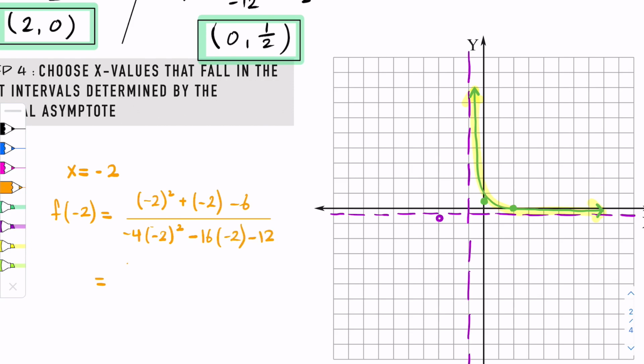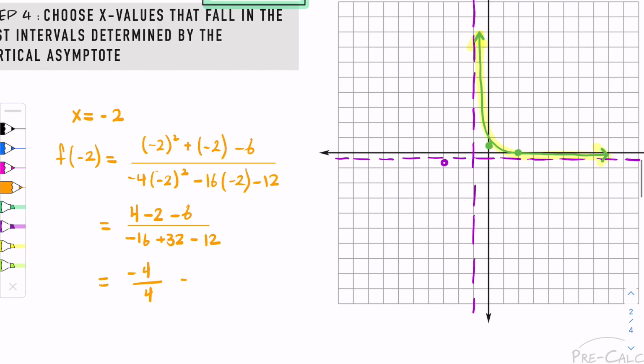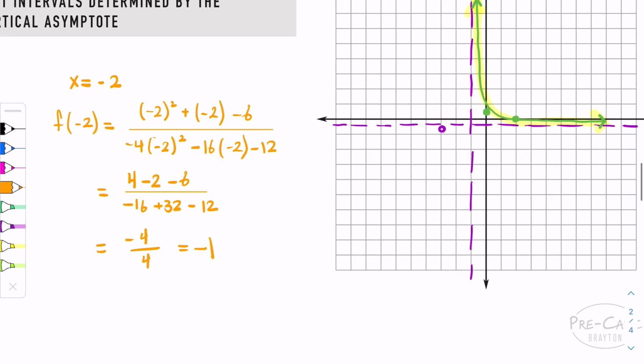Our numerator simplifies to 4 minus 2 minus 6, divided by -16 plus 32 minus 12. This simplifies again to -4 over 4, which is -1. That indicates that we have a point at x equals -2, y equals -1.